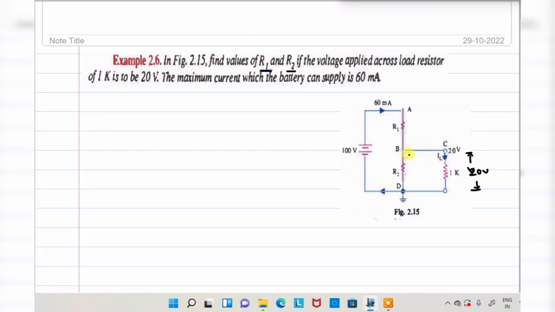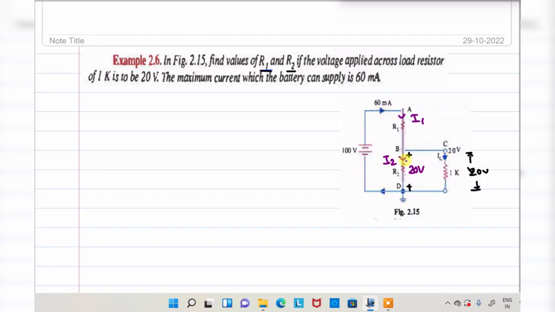This is 20 volt. That means indirectly these two are connected in parallel, right? What about the voltage now here? 20 volt. Fine. If you want to find the resistance R2, definitely you want the current I2. How to find the I2 current? This current I1 is equal to 60 milliamperes.